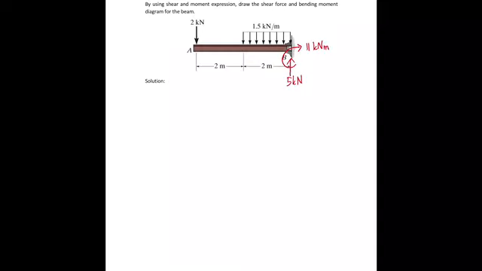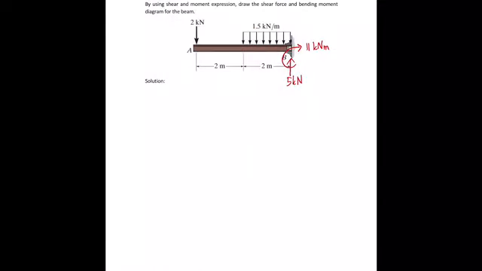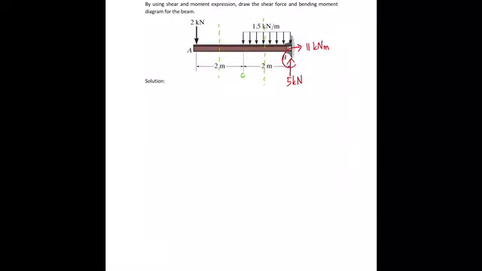Okay, so this one they did not ask you to cut from left or from right, so I cut between A and B, and I name it C, so AC and CB. Then you draw the free body diagram of each segment.